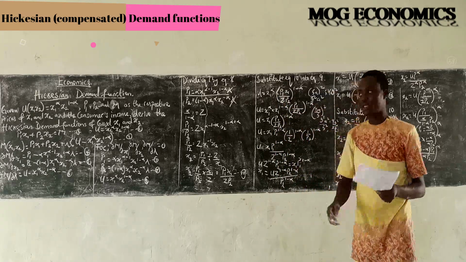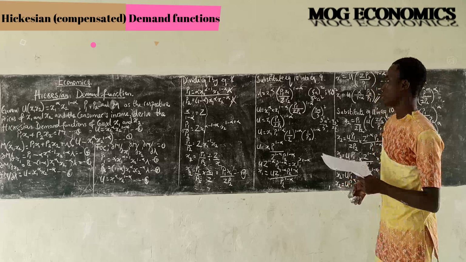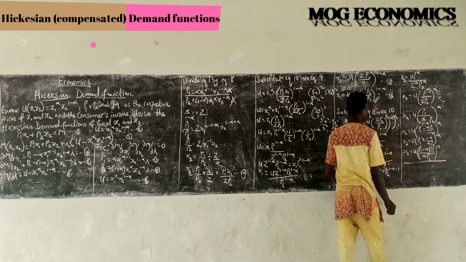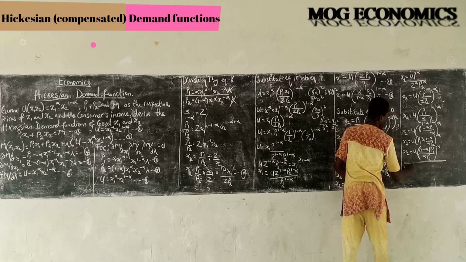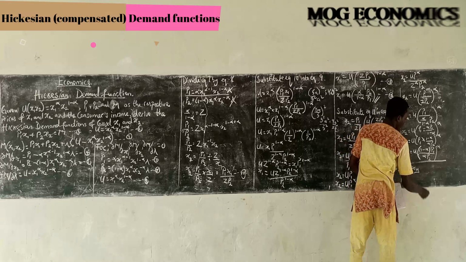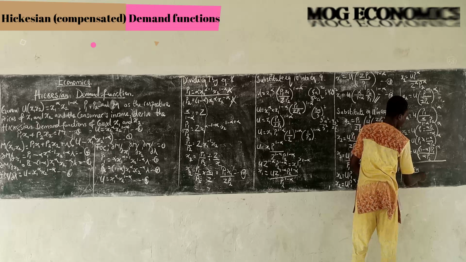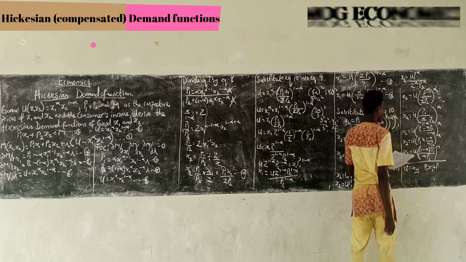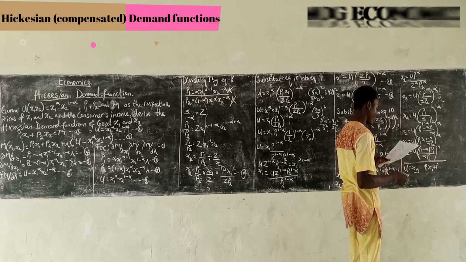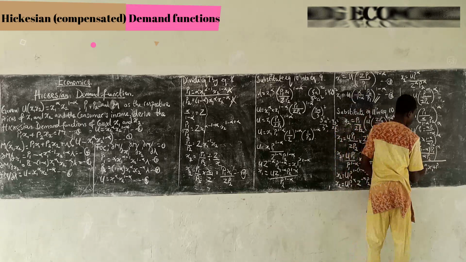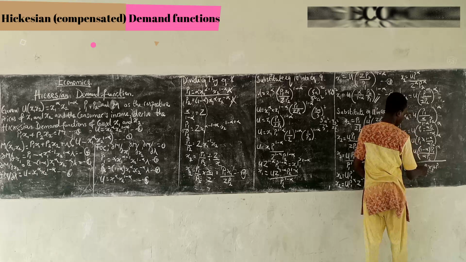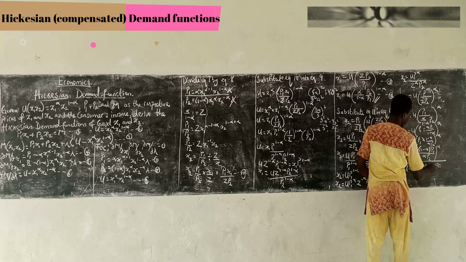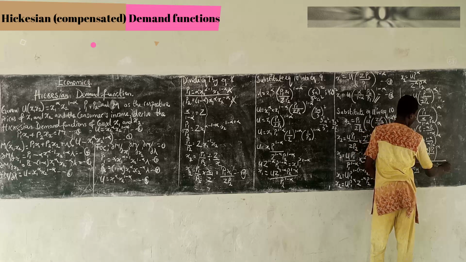You're cool. So after this, what you have is an assignment, and the assignment is for you to find the Hicksian demand functions. The assignment is much simpler. Your utility function is u equals xy, and your budget constraint is still the same thing, p1 x plus p2 y.